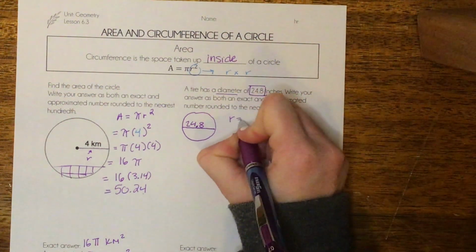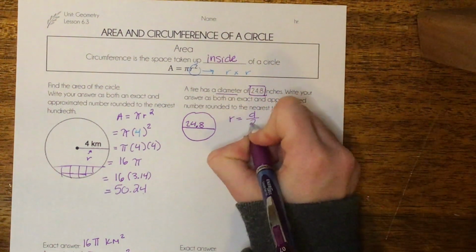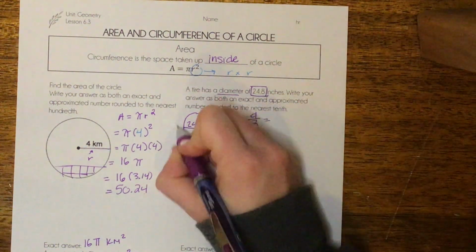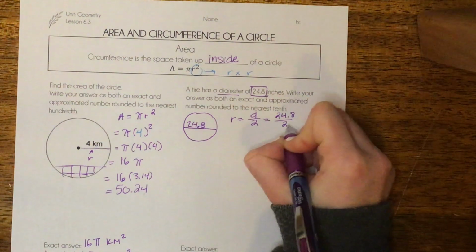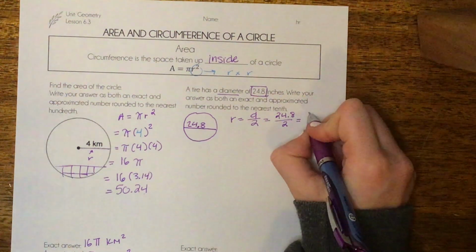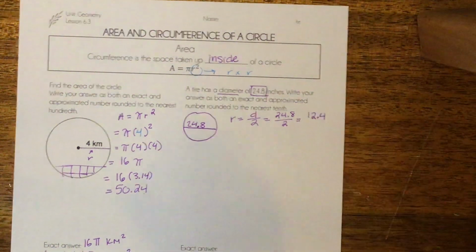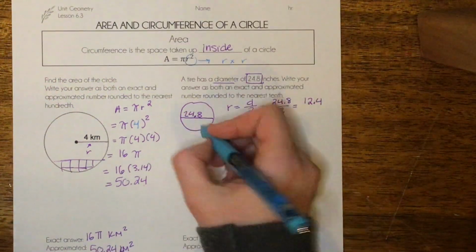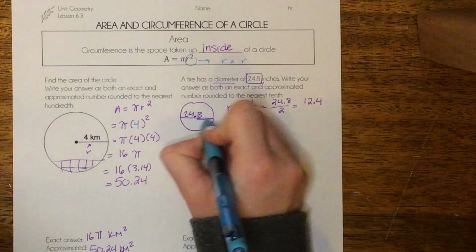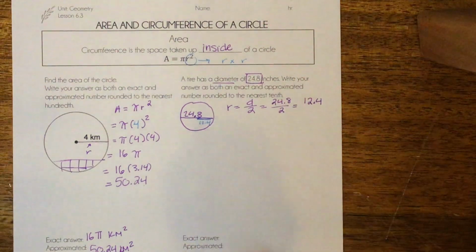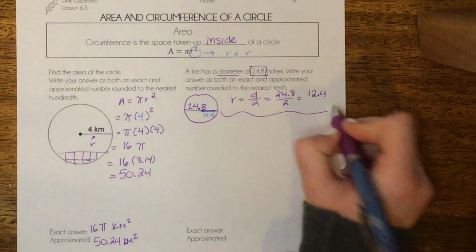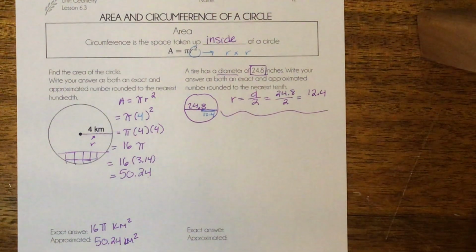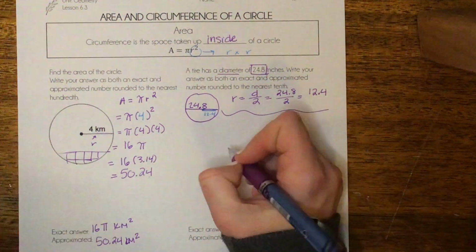My radius is equal to my diameter divided by 2. So 24.8 divided by 2 is 12.4. So halfway across is 12.4. If it gives you the diameter, you have to find the radius first.